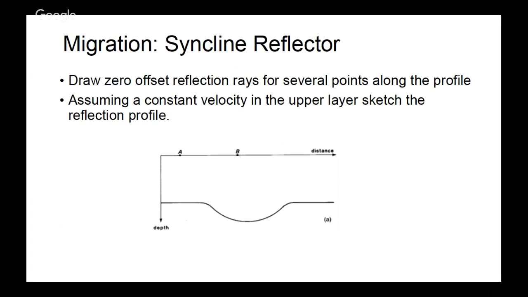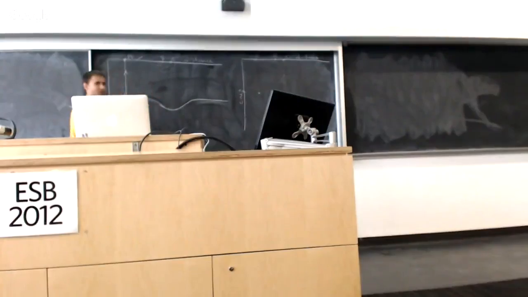back up to A. But now when we move over here to point B, our ray can't... basically you still have energy that's propagating outwards like this from your shot point. So you actually have rays of energy that are coming in at all angles.